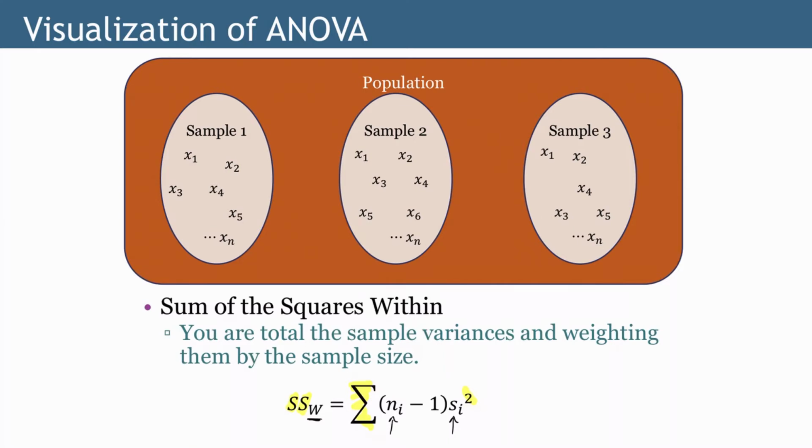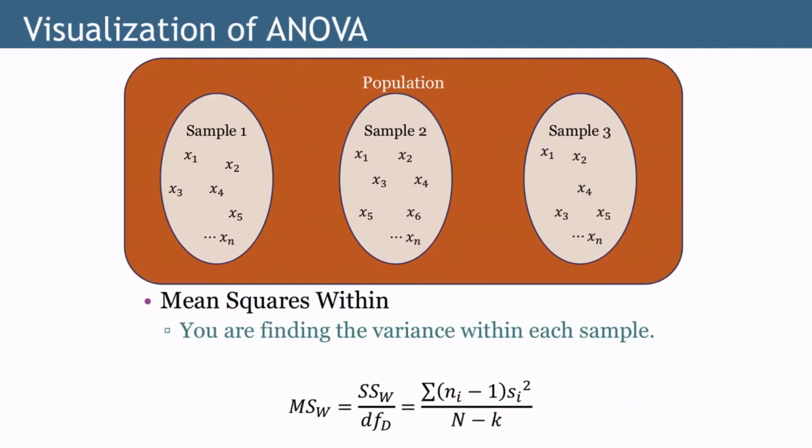So the numbers for each piece are coming within the samples, so hence the idea of within. So that's the sum of the squares, and then just like before, we'll find the mean squares within. So you sum them all up, divide by how many. So this degrees of freedom is kind of like the how many down here. So add them up, divide by how many, and that gets you the mean squares within, right?